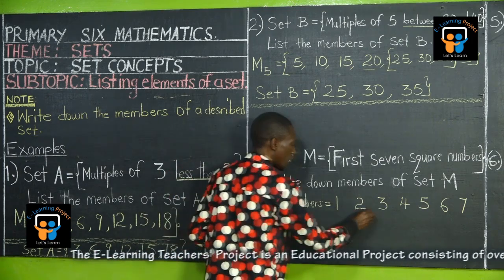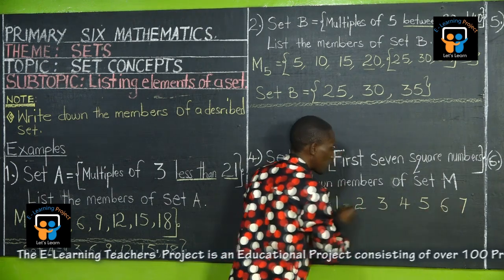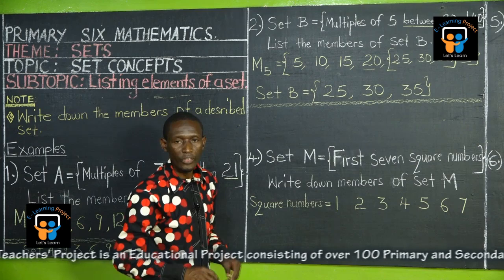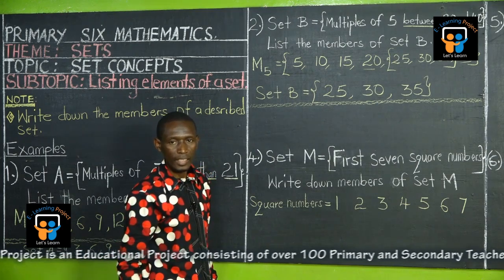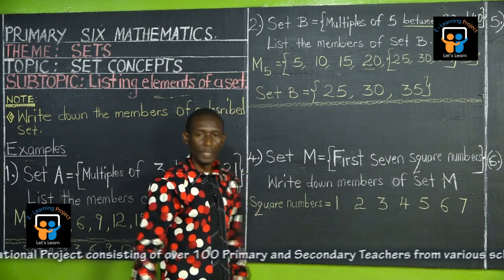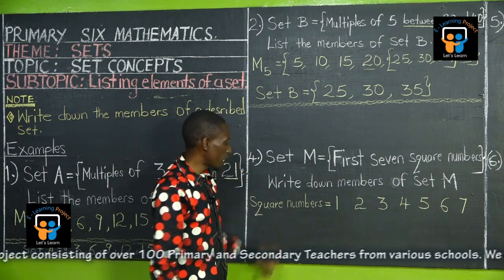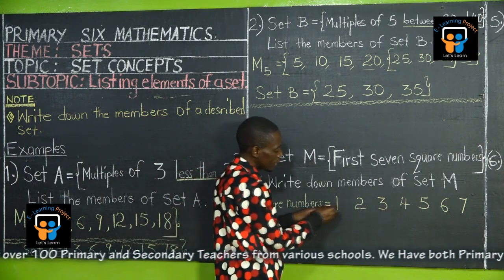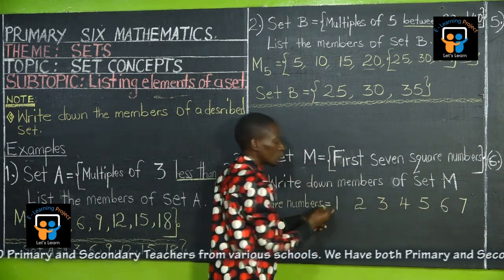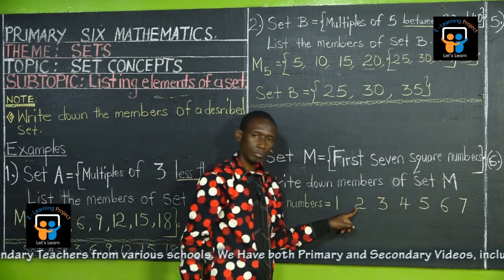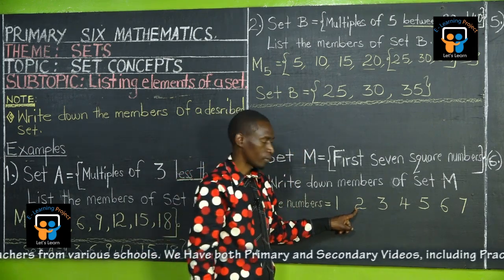So, these are our first counting numbers, but they are not square numbers, not until you square them and we get the answers. The answer we shall get after squaring them will be the square numbers. Now, I've put square numbers, but this is just working. These are not the square numbers because 2 is not a square number according to your level.